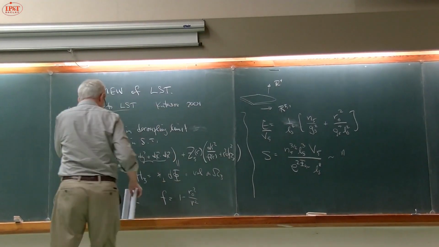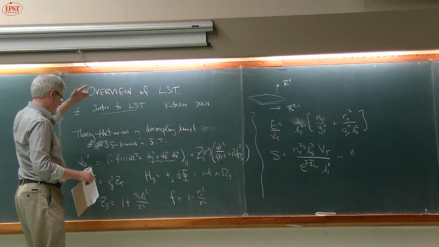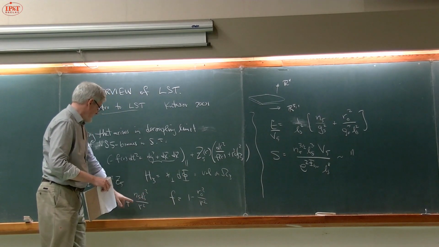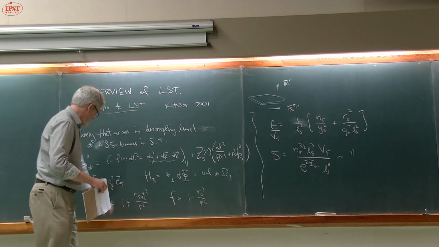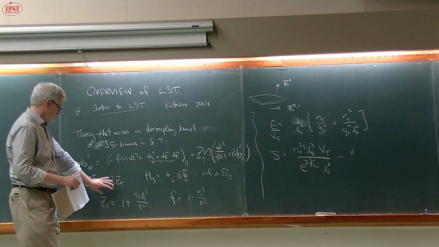If we're taking a decoupling limit, we want r_0 to be small so that this is the dominant term in the dilaton.